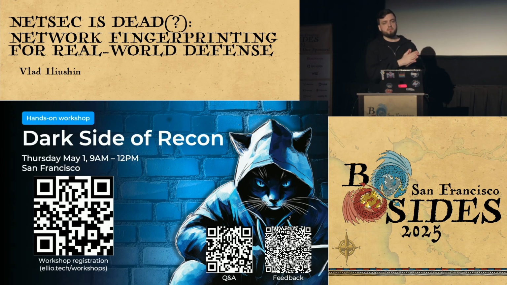For example, in JA4, you have just up to 99 supported cipher algos, right? But what we have seen in the wild is that some attackers try to be funny and they advertise that they support like 150.